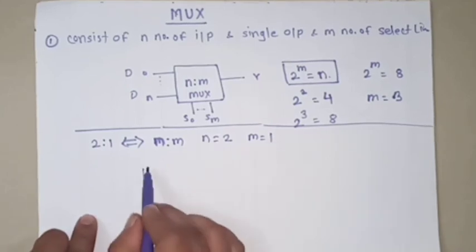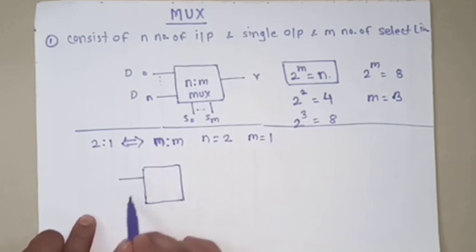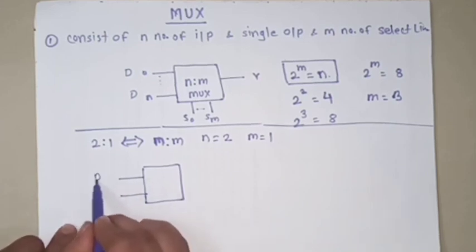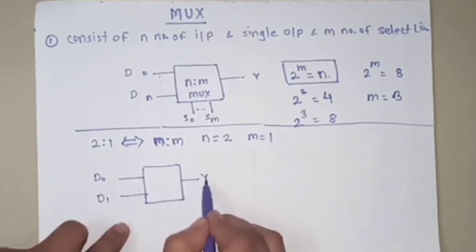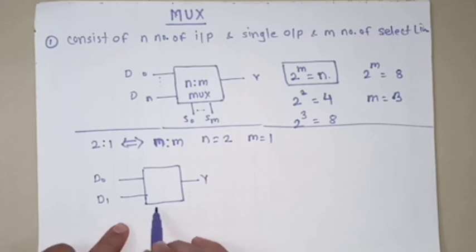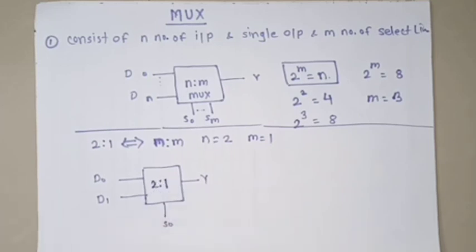Here I will draw the 2:1 mux. Two input lines are indicated as D0 and D1, and only one output, Y. The mux consists of only one output, and there is only one select line, indicated as S0. So this is the 2:1 mux.